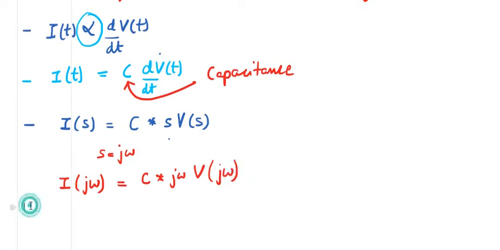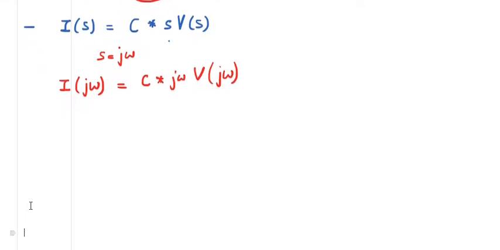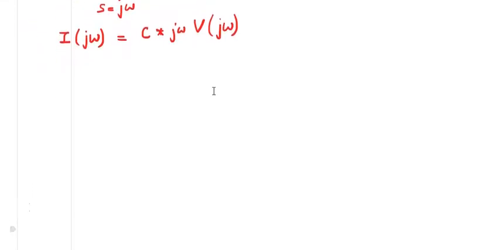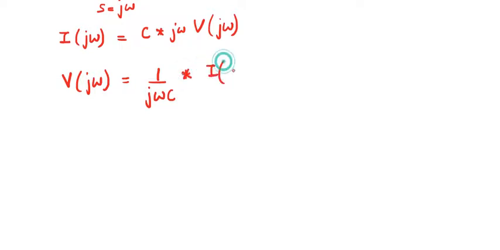And we can also write this as V(j omega) is equal to 1 upon j omega C into I(j omega). Now we know that the value of j can be written as 90 degree in angle.